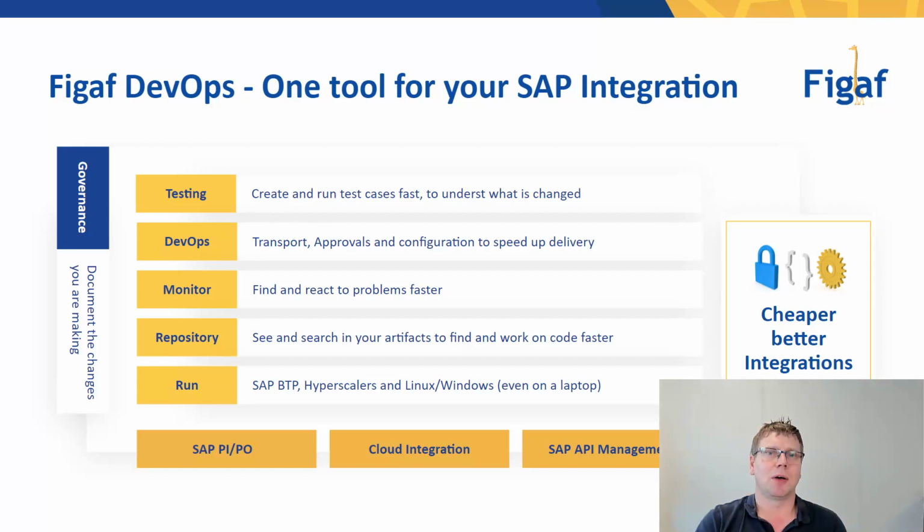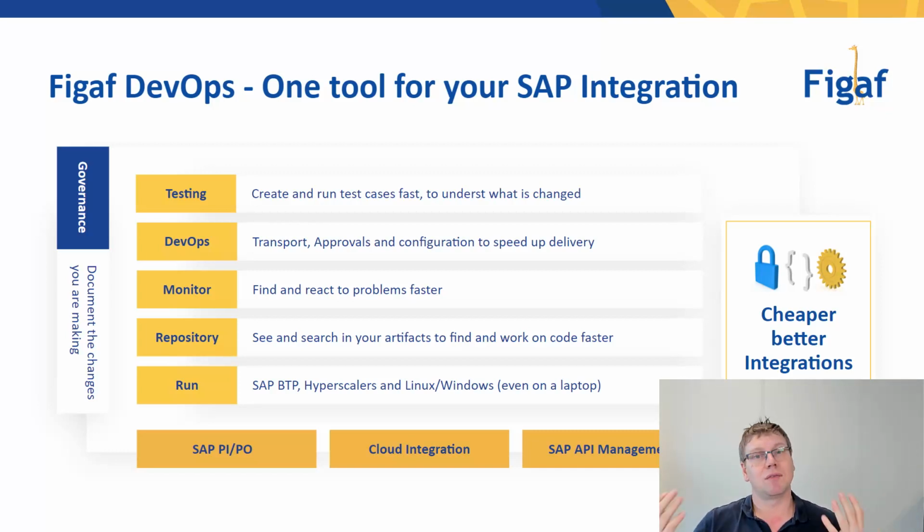It is about DevOps. DevOps is about making it easy for you to transport and govern your integration. It's about having tests whenever you're making change and be sure that the test cases is always relevant, etc. It's about monitoring and alerting, giving users and business users a way to see what's going on.